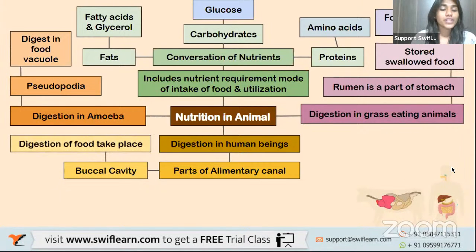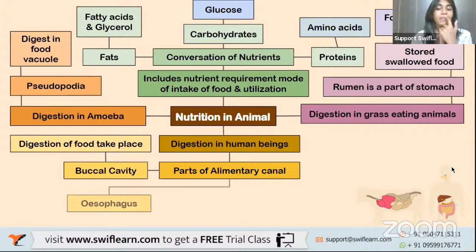Now, coming to nutrition in humans, we learned about the alimentary canal and its parts. It starts from the buccal cavity to the anus. In the buccal cavity, carbohydrates are digested by saliva.